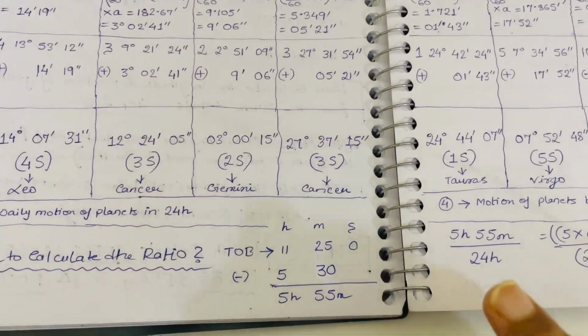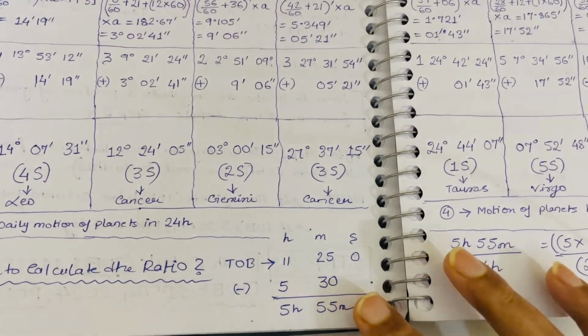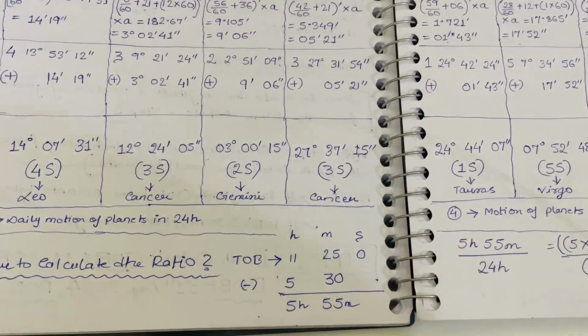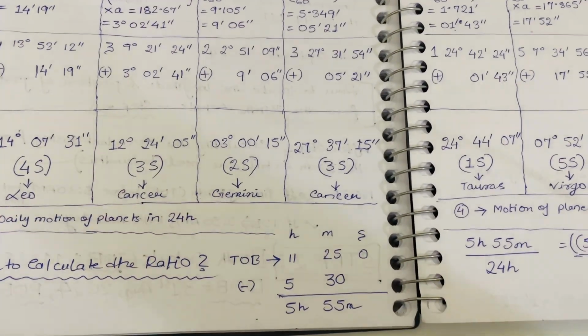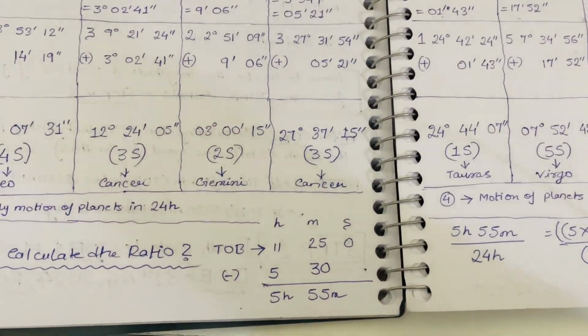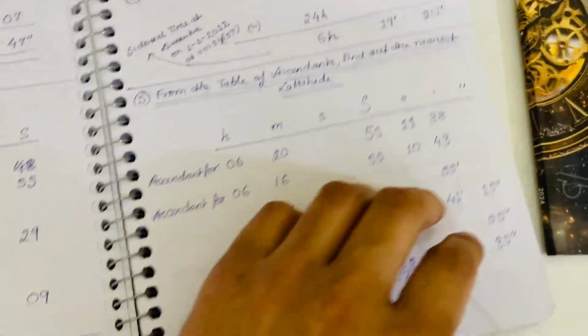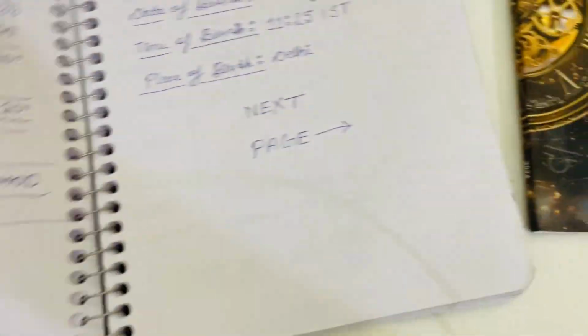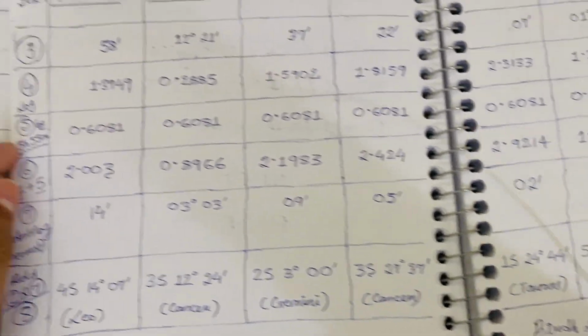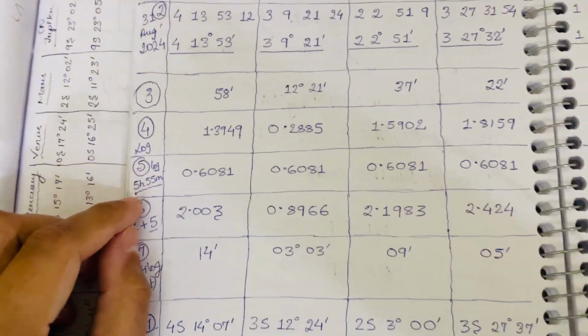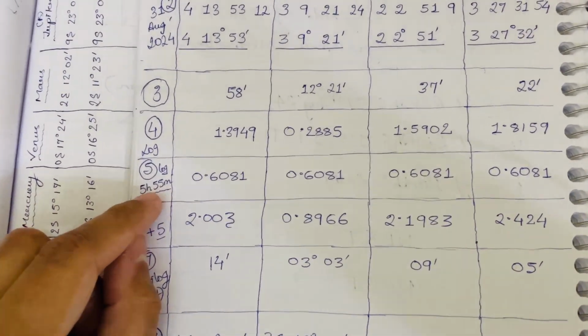So simply the numerator value that we were finding for the ratio, 5 hours 55 minutes, that is our time of birth minus the ephemeris time of 5:30, that value only we are considering over here in our step 5, that is 5 hours 55 minutes. This is the value which we have taken.